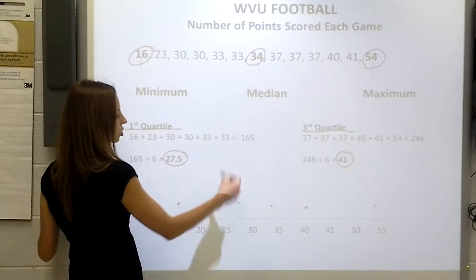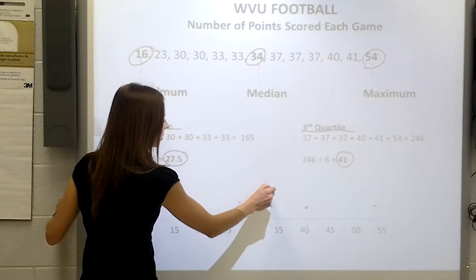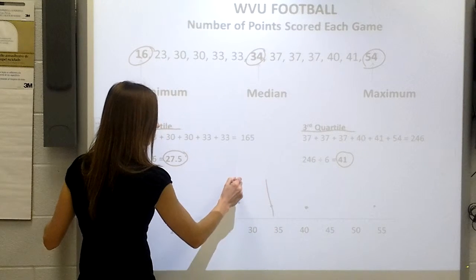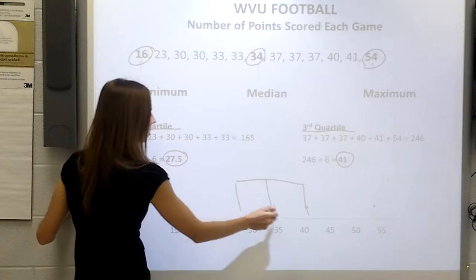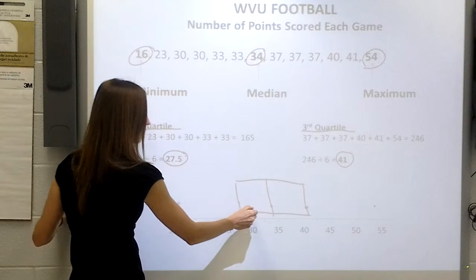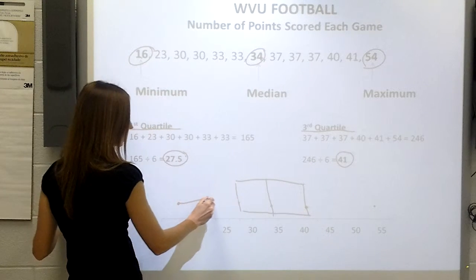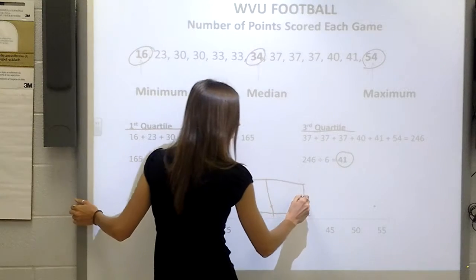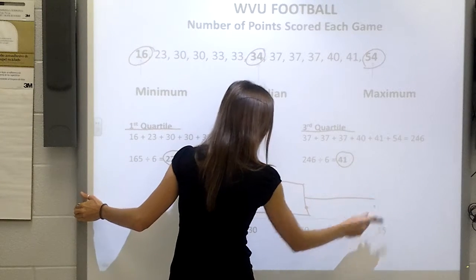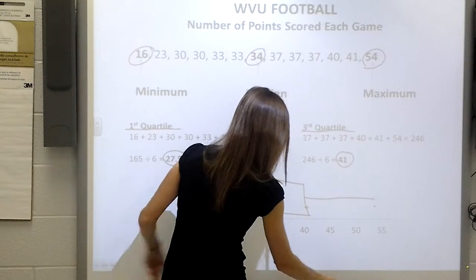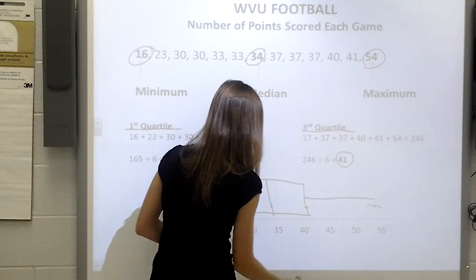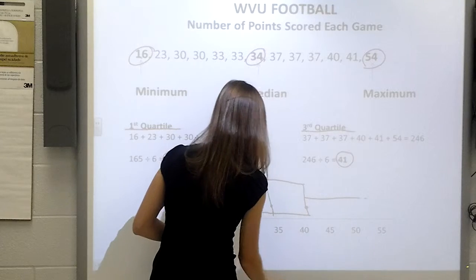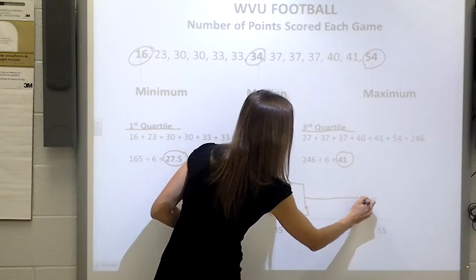So now what we're going to do is draw the box. Okay. And then we just connect our minimum and our maximum points. Just to make that look a little cleaner.